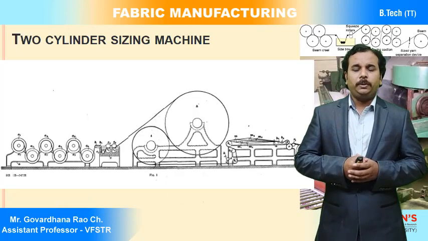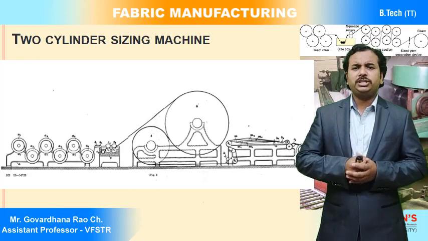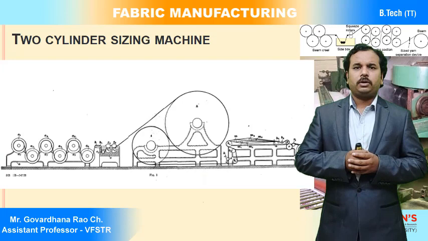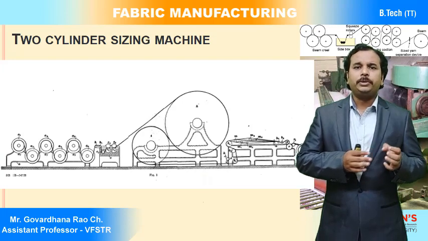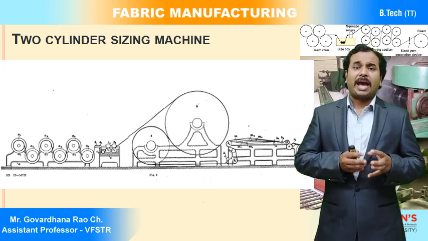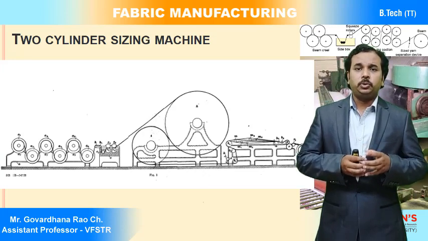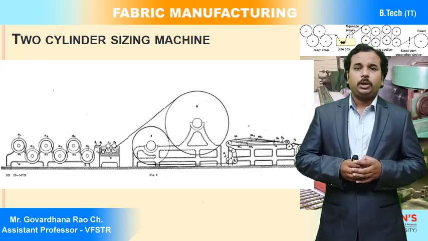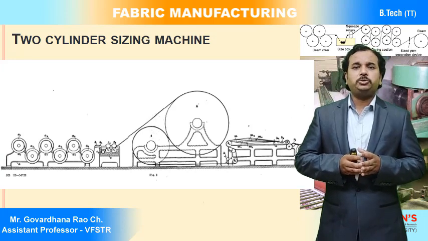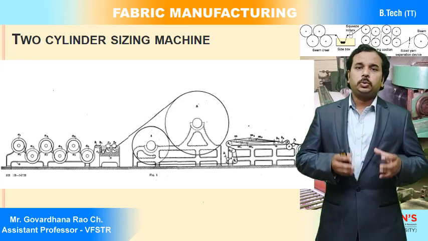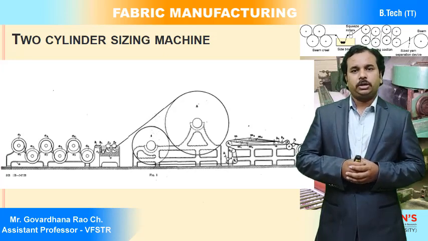You can observe here the image is showing the complete picture of how the warp flows, nothing but the passage of material through a sizing machine, where we have different zones present in the 2-cylinder sizing machine.